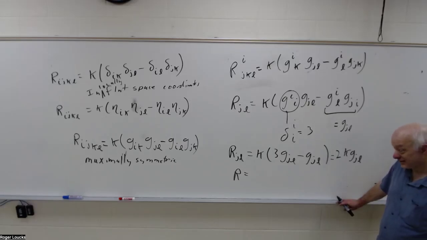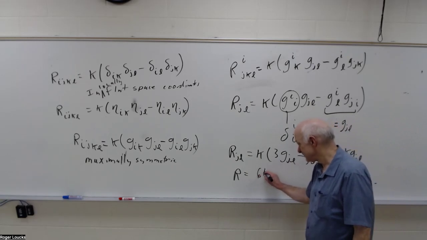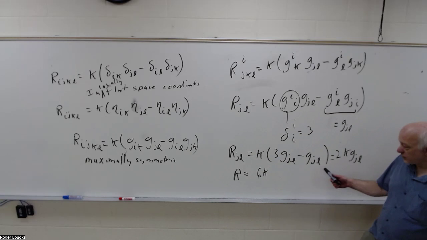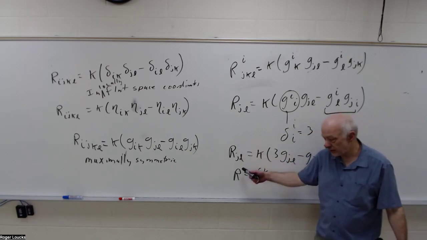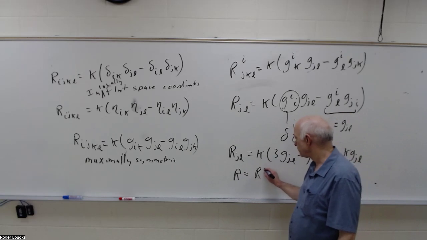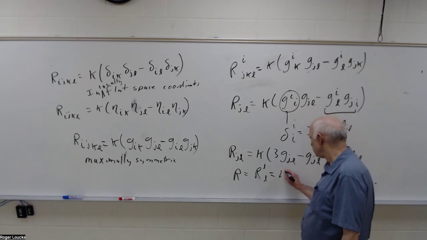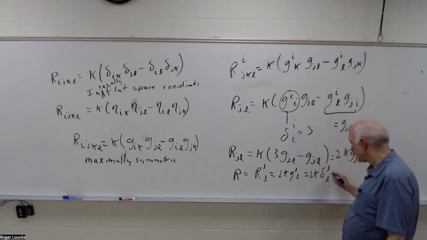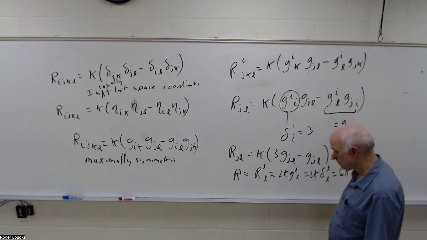It's 6K. That makes sense? Because you basically raise this up, then you sum over them, right? This is your R, L, and this is going to become 2K GLL, which is the same thing. This is 2K delta LL, which is your 6K.